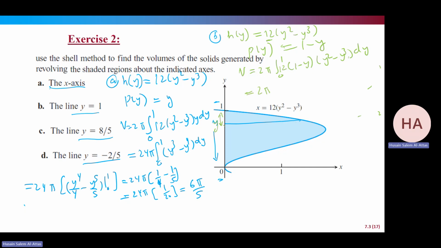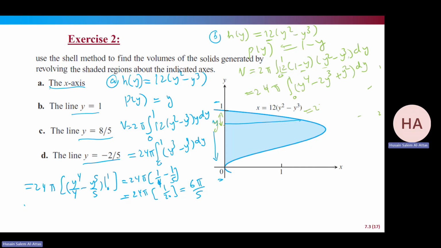That will be 24 pi from 0 to 1, the 12 is gone. So I have y cubed times y, this is y to the power 4. I have minus y cubed minus y cubed, that will be minus 2y cubed. Yeah, I made the mistake. And plus y squared dy.